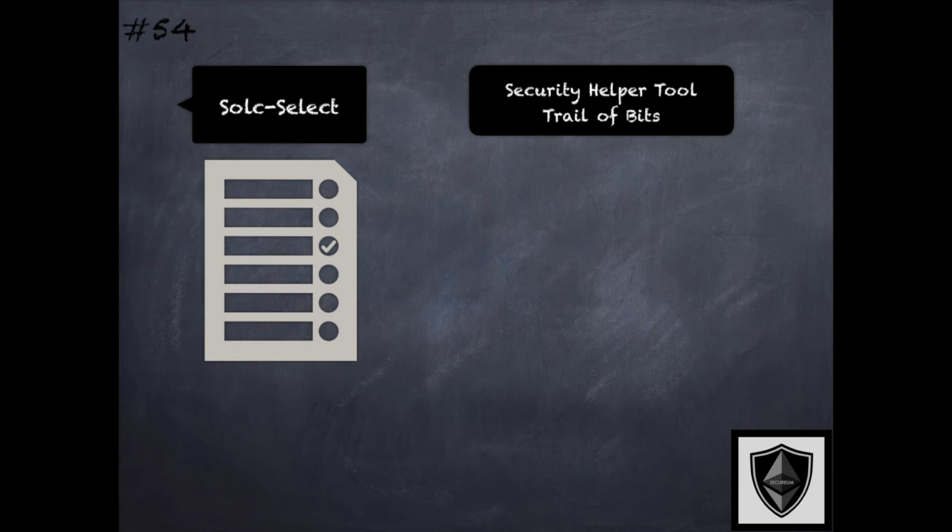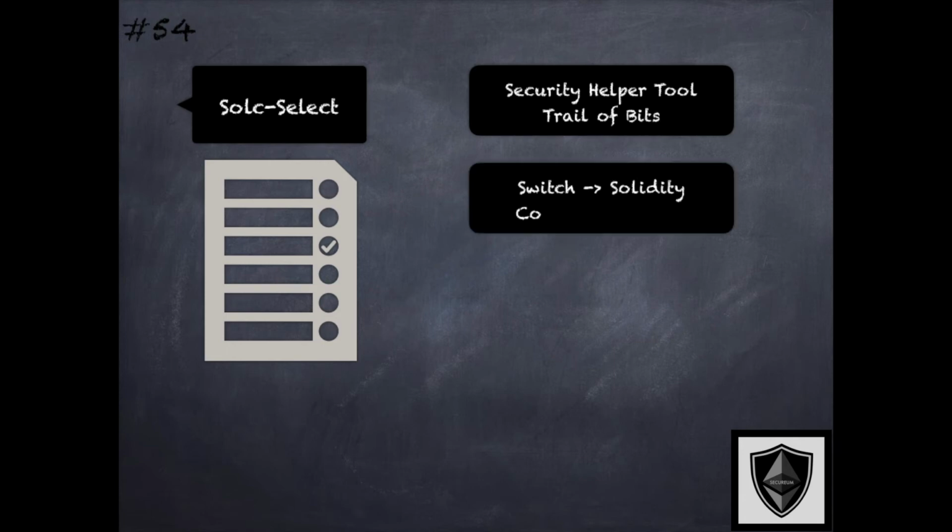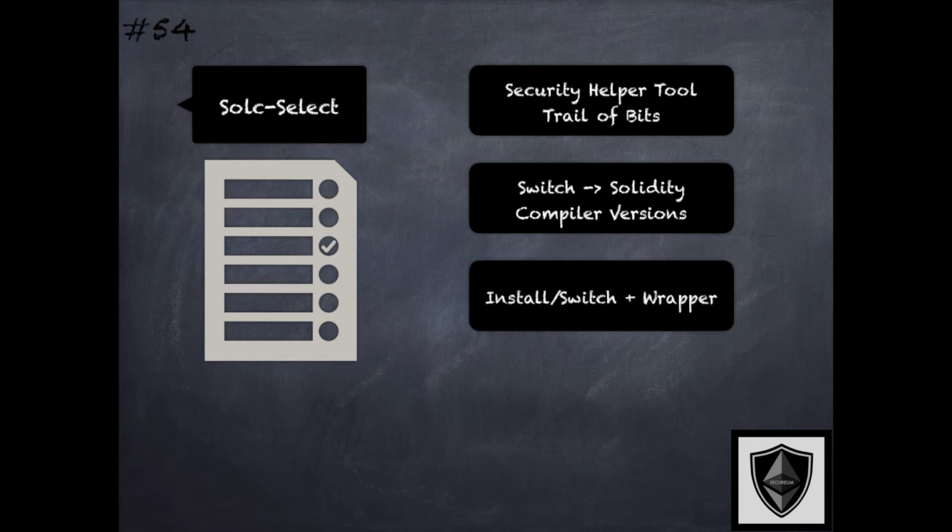Solc-select is a security helper tool again from Trail of Bits, and this is a script that is used to quickly switch between different Solidity compiler versions. Solc-select manages installing and setting different Solidity compiler versions using a wrapper around solc, which picks the right version according to what was set via solc-select.